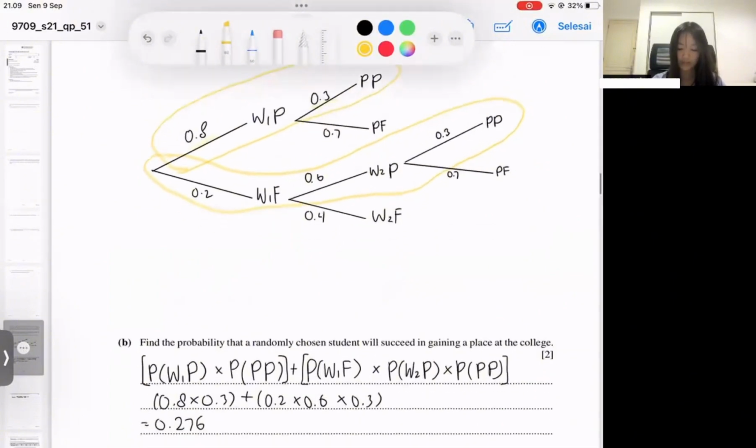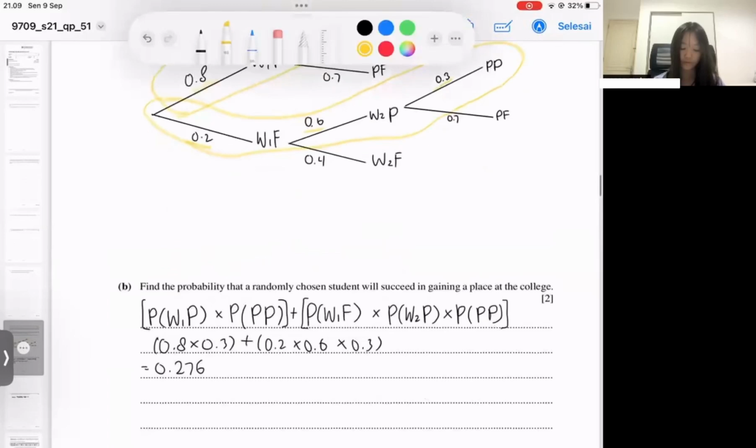Plus the second branch, which is the probability that they fail the first test, but then pass the second written test and then pass the practical test. It's just 0.2 times 0.6 times 0.3. After we total them up, we get the result of 0.276.